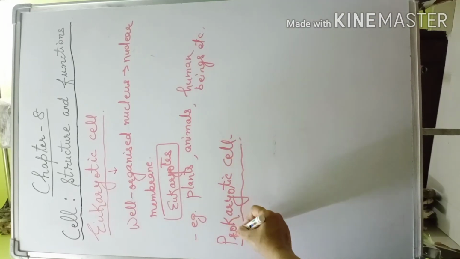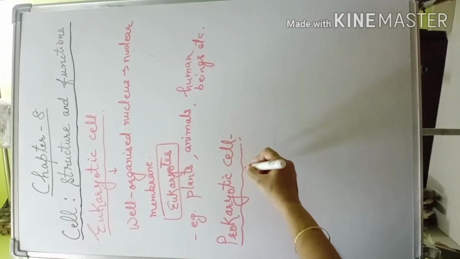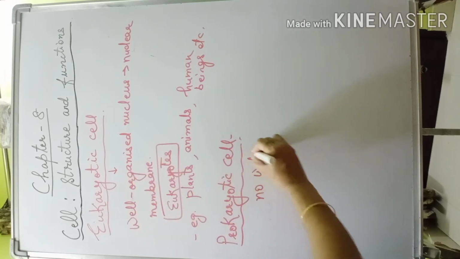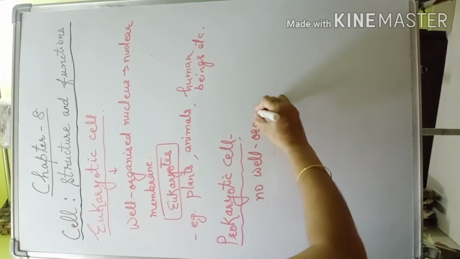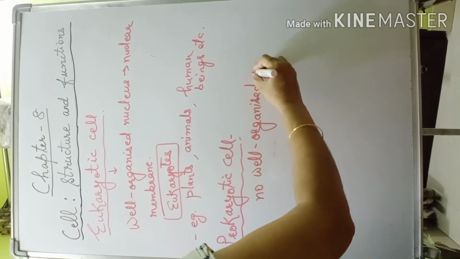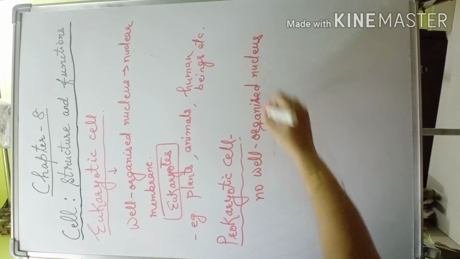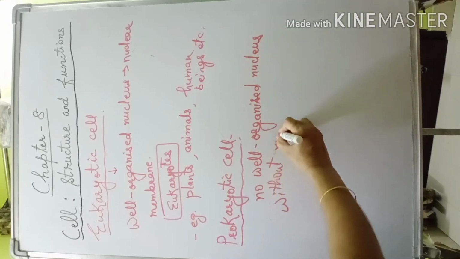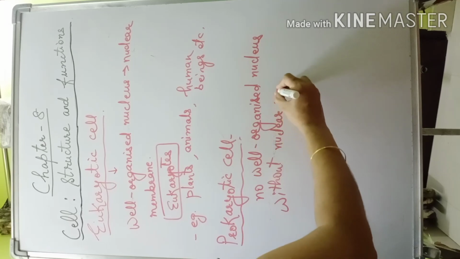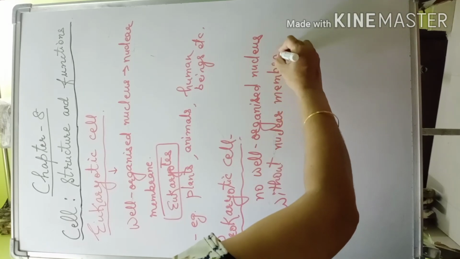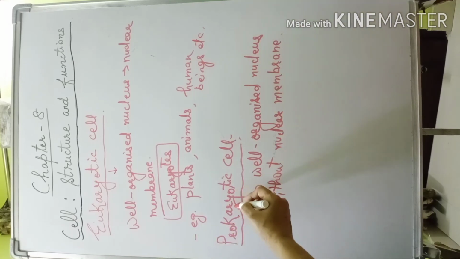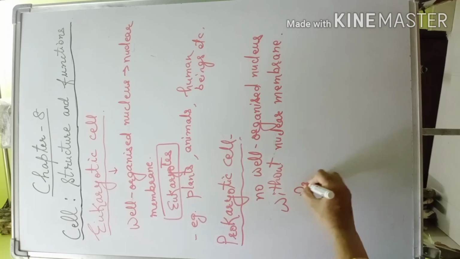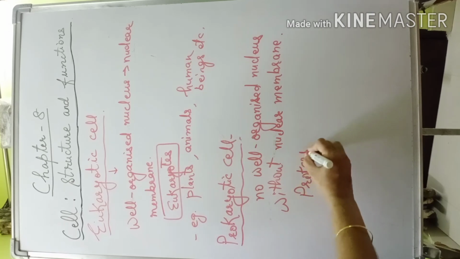And what is the meaning of prokaryotic cell? The cells which have no well organized nucleus and which are without any nuclear membrane are called prokaryotic cells, and these types of organisms are known as prokaryotes.